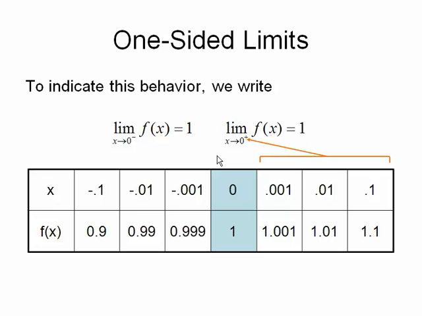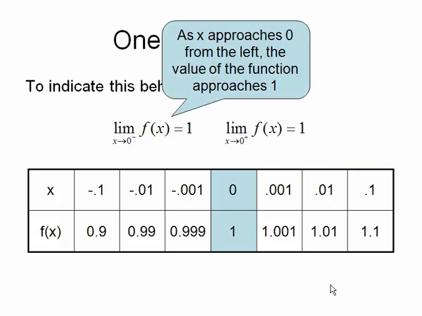The idea of a limit is we're getting closer and closer to some value, and that's always written down here below. So the way I would write this out is I would say as x approaches 0 from the left, the value of the function approaches 1. So the left comes from the fact that we're dealing with the little negative there.